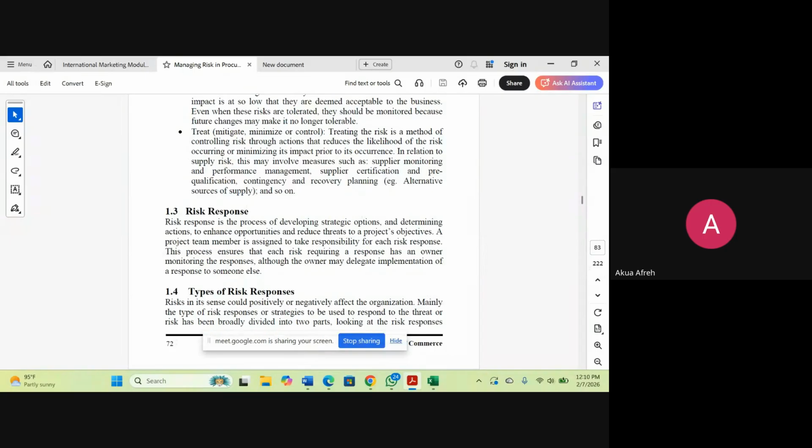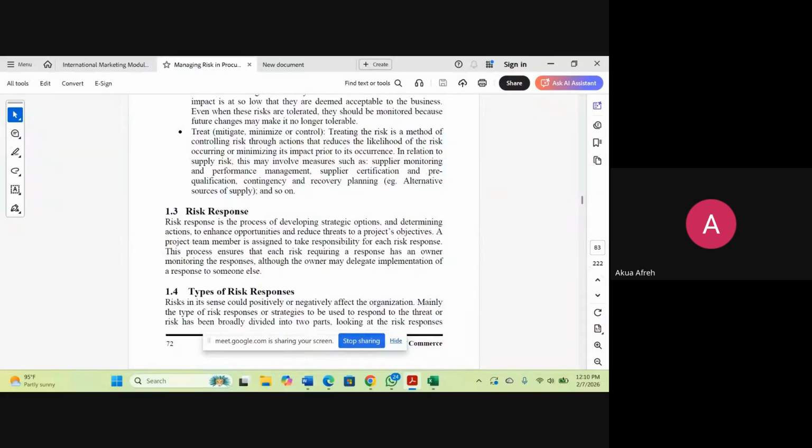So sometimes we use, just as you see here, supplier monitoring. You want to monitor your suppliers. You want to do pre-qualification. You have emergency plans there. So if one supplier fails you, you know you can rely on the other supplier.